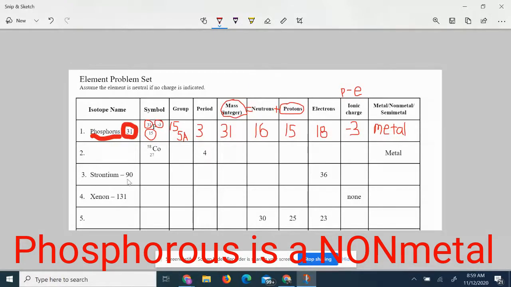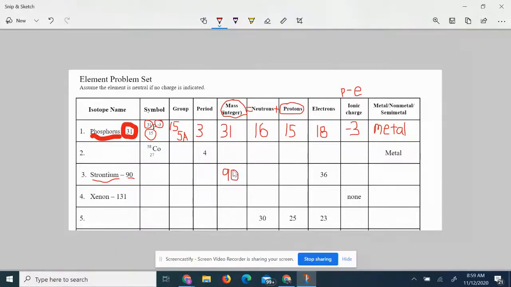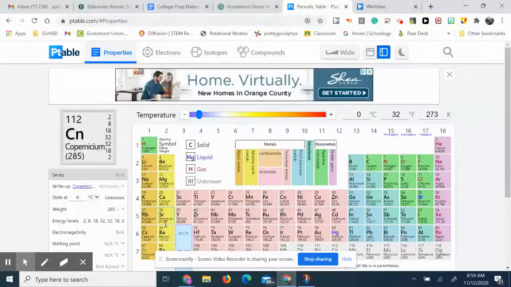So we're looking at strontium 90. We know our mass integer is 90, and then we have to look up strontium on the periodic table. So I'm going to open up my periodic table, and I'm going to look right here. I have strontium. Strontium is Sr, and the atomic number is 38.